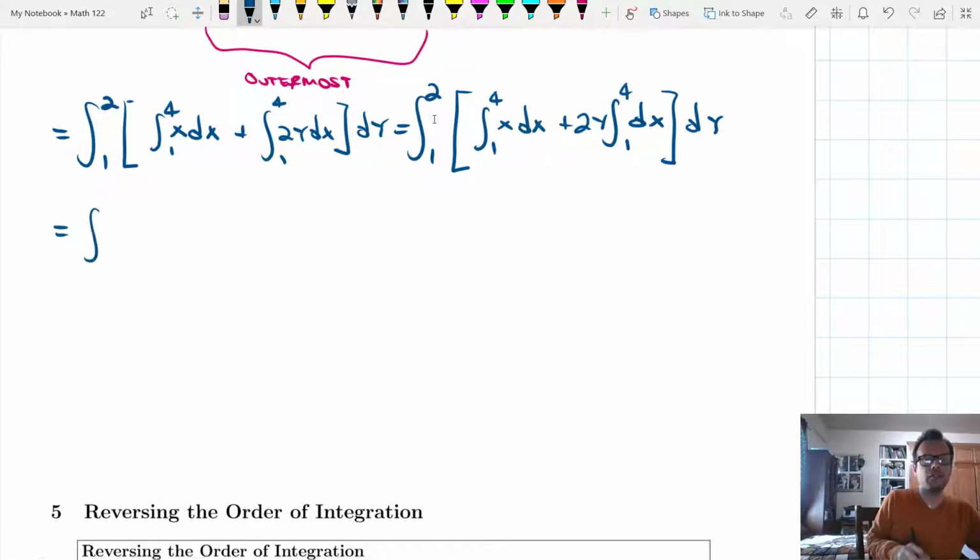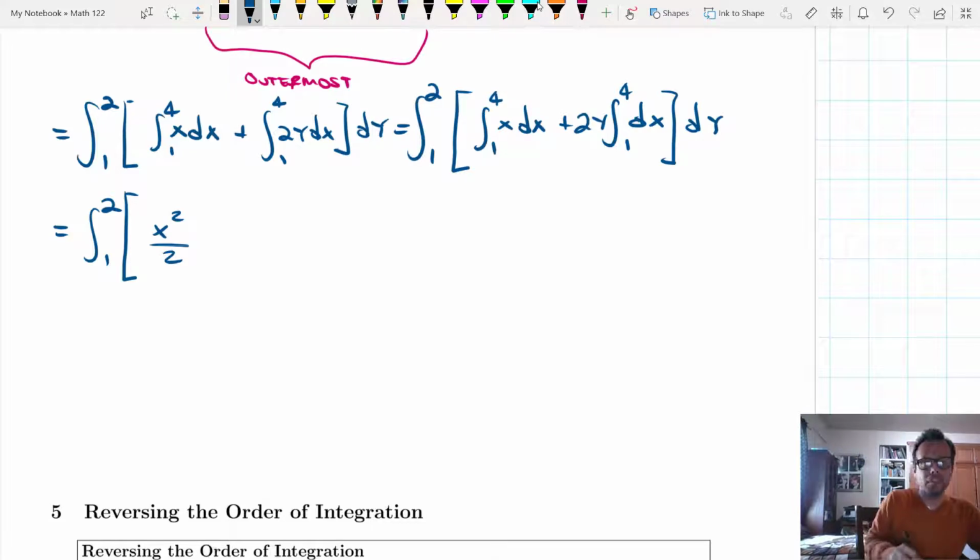So the integral from 1 to 2, times, okay, so this will be the integral of x with respect to x. We can just use the general power rule. That's going to be x squared divided by 2. That's the integral.